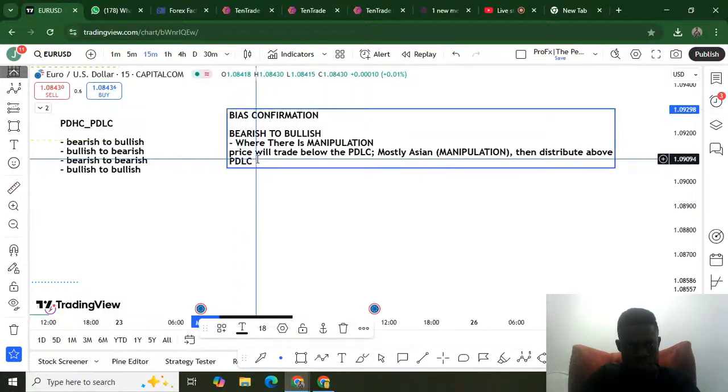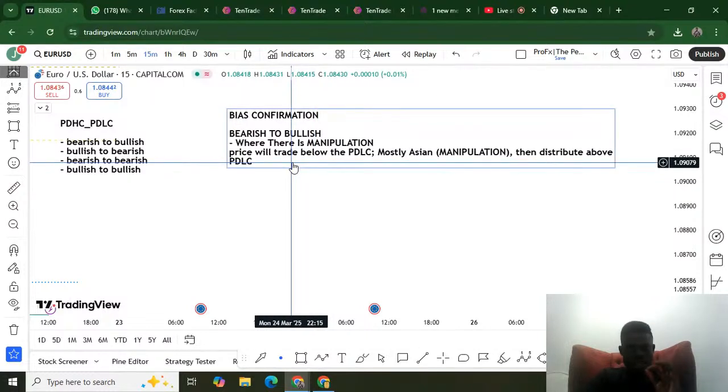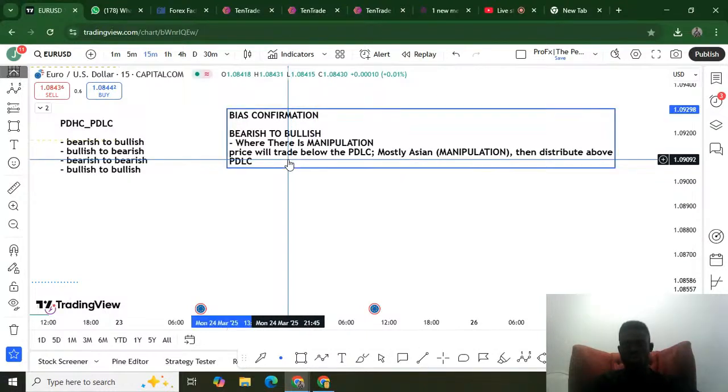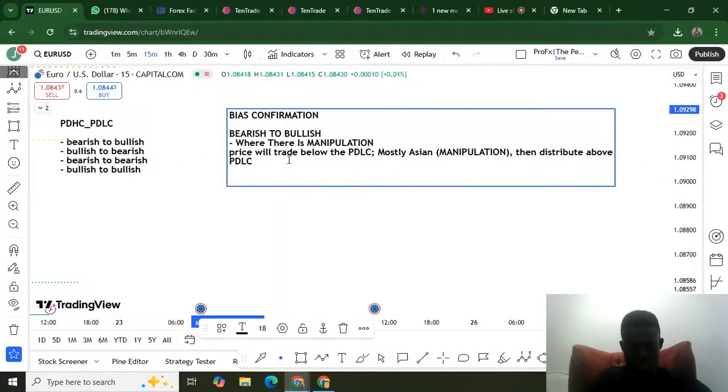Okay, is this clear? Bearish to bullish where there is manipulation. Is that clear? Then the next one is where there is no manipulation.